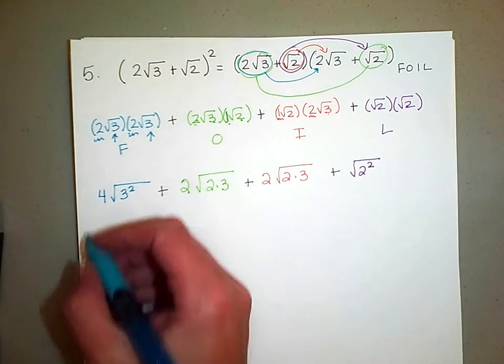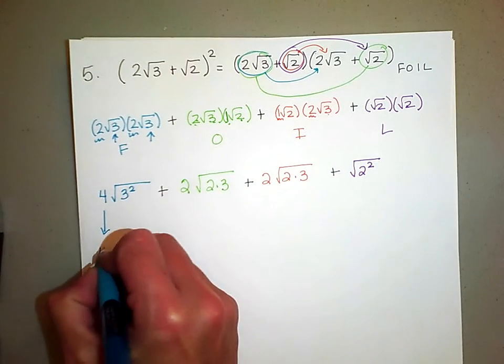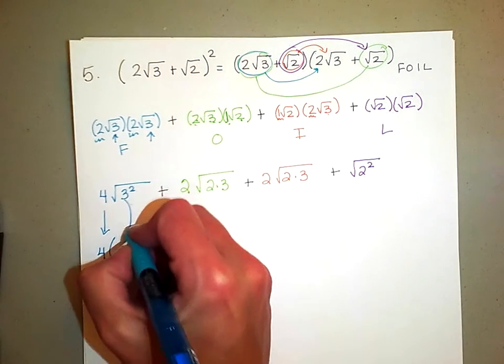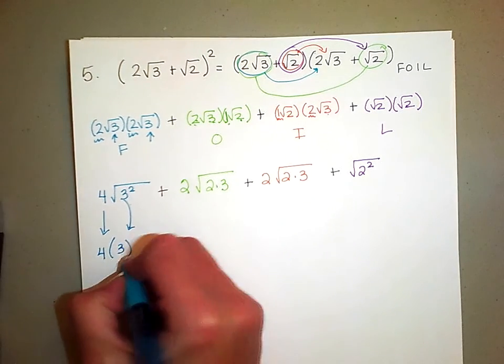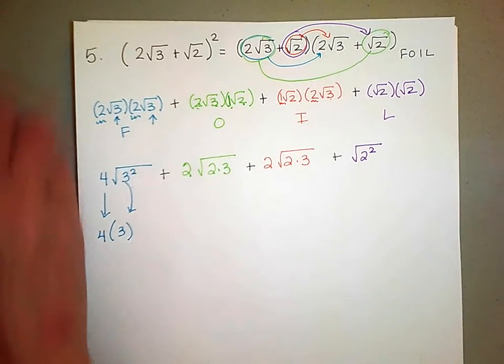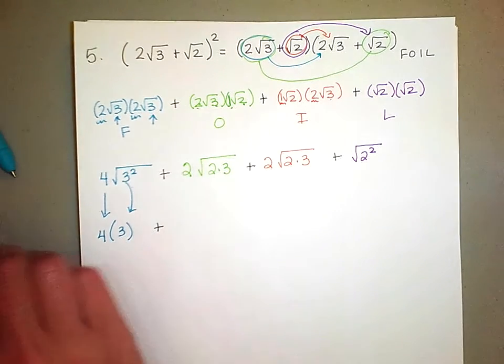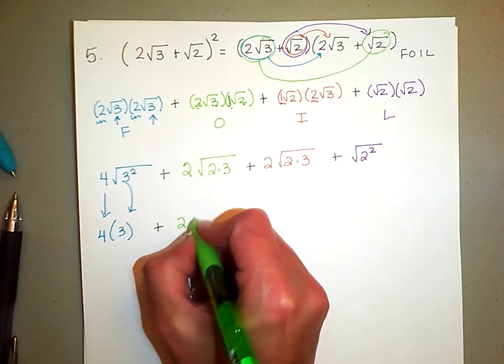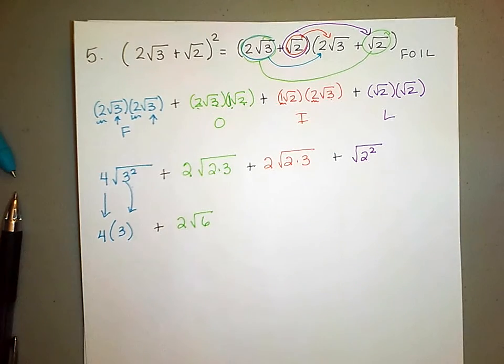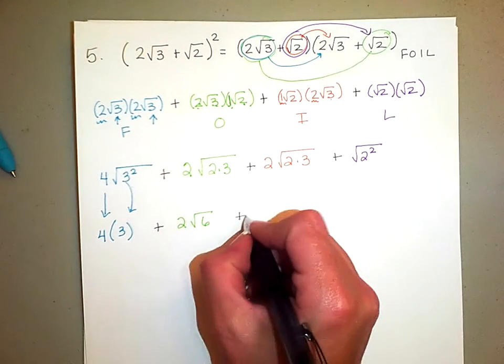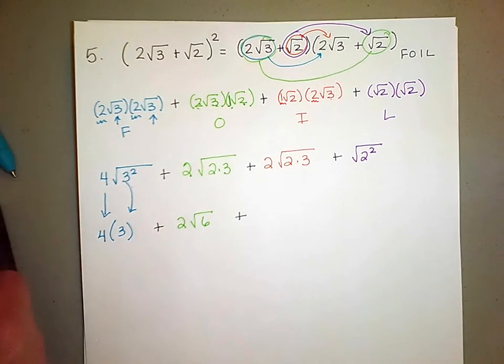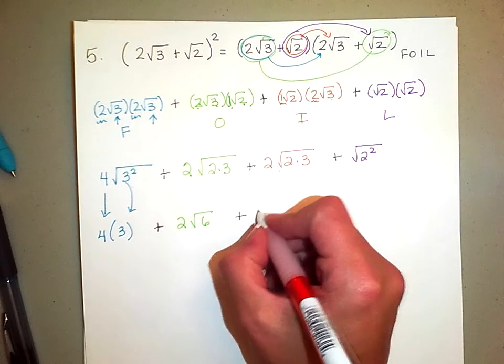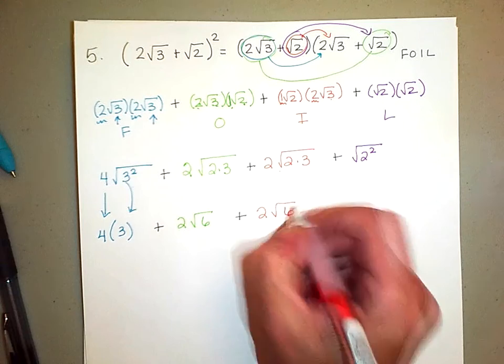So in this first term, the 4 comes along, and the square root of 3 squared is 3. Plus. There's nothing to simplify here, except we might say that that's 2 square roots of 6. And the same will happen here. We'll have 2 square roots of 6.